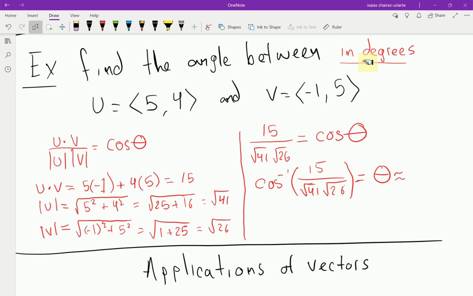Hang on, I made a mistake. Cosine inverse of 15 divided by square root 41, square root 26. I get about 62.7 degrees once I round to the nearest tenth. It's 62.65 something degrees.